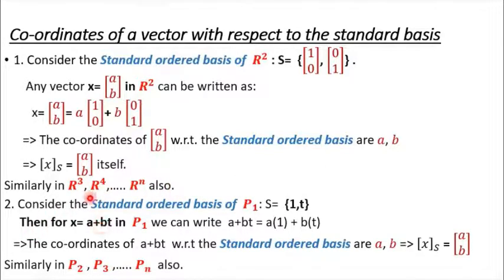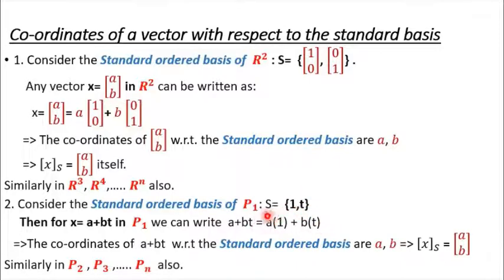In the same way, consider the standard ordered basis of P1, the vector space of all polynomials of maximum degree 1, where its standard basis S is equal to the set containing 1, t. Then take any general polynomial x = a + bt in P1. Then you can write a + bt as a into 1 plus b into t, a linear combination of 1, t.